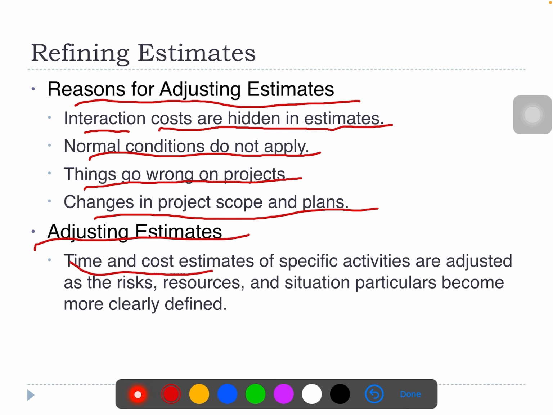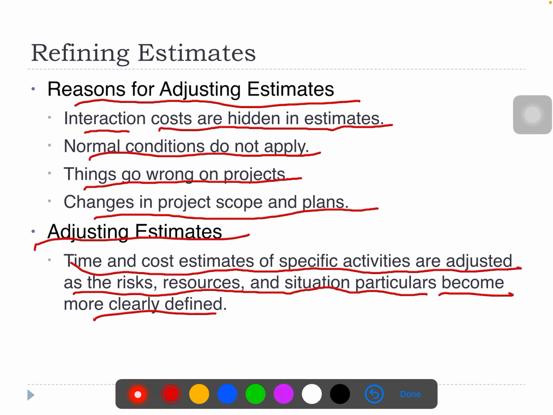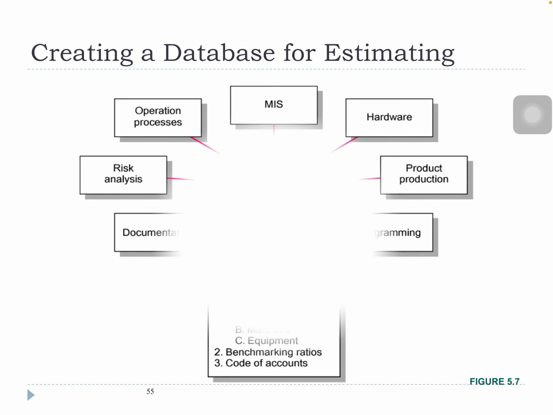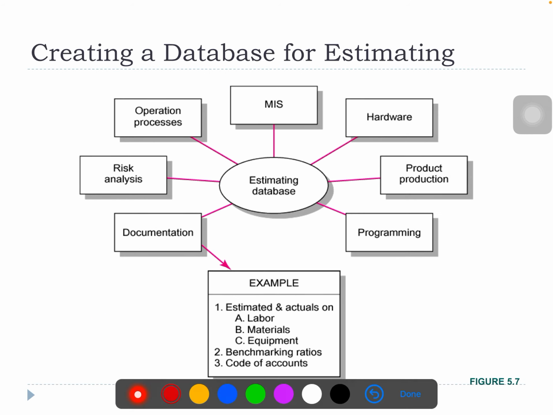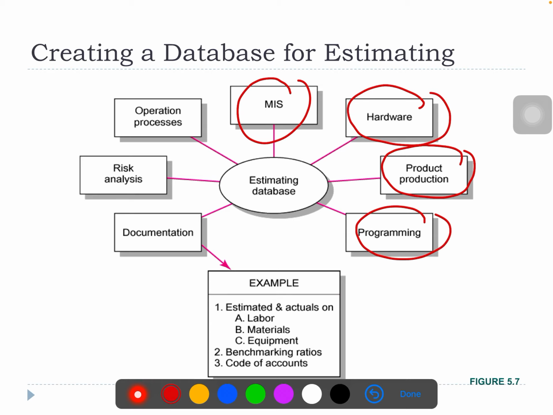The time and cost estimates of specific activities are adjusted as the risks, resources, and situation particulars become more clearly defined. Creating a database for estimation, it is very useful if you have a MIS, the hardware, the production, programming, documentation, risk analysis, and operation process.